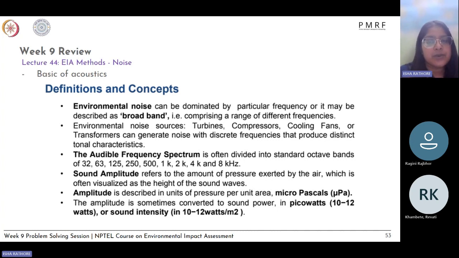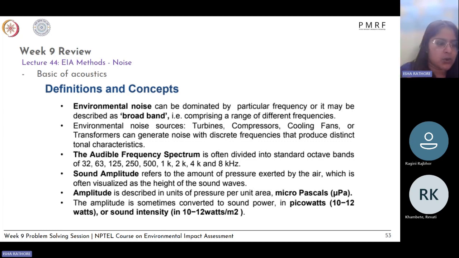Then the audible frequency spectrum is divided into standard octave bands: 32, 64, 125, 250, 500, 1000, 2000, 4000, 8000 hertz. All of these are audible frequency spectrums. The sound amplitude refers to the amount of pressure exerted by the air, which is often visualized as the height of the sound wave.